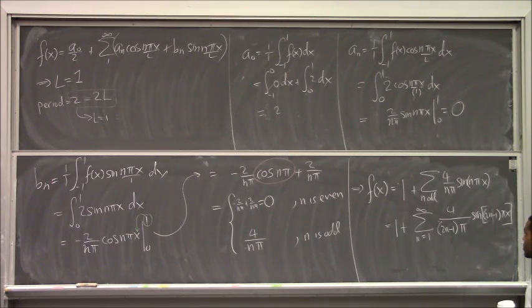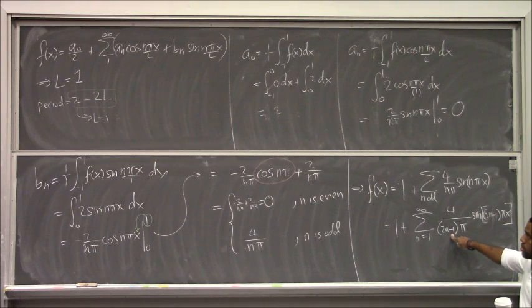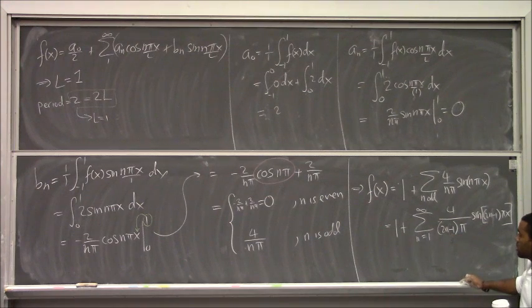So wouldn't f of x be a piecewise function for when n is odd, and when n is even, f of x would just be 1, the series would disappear?